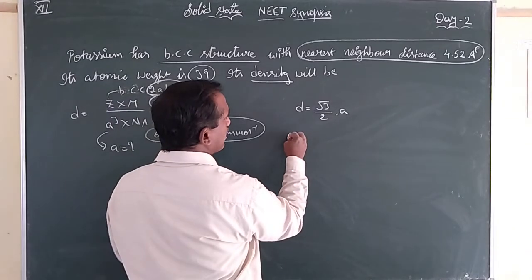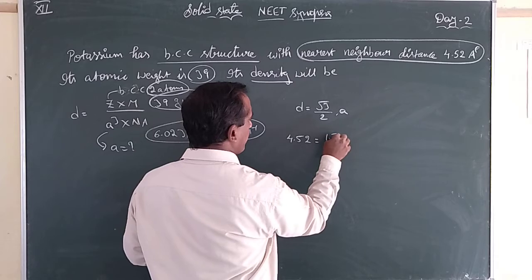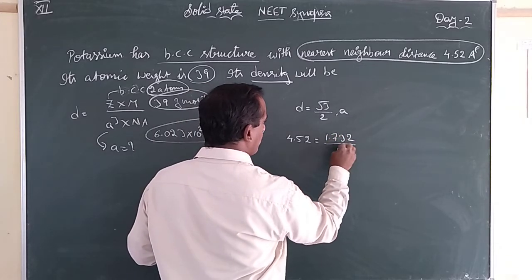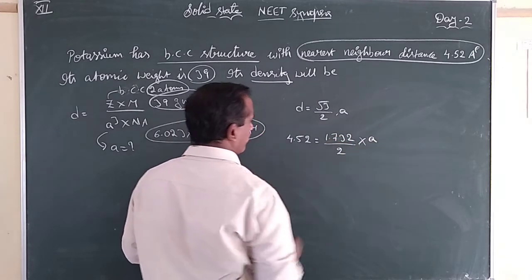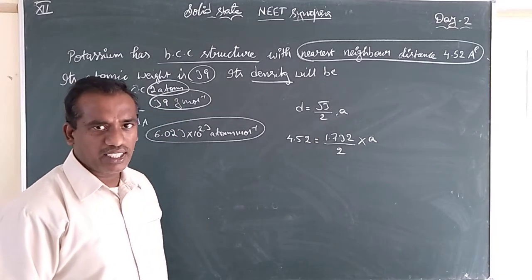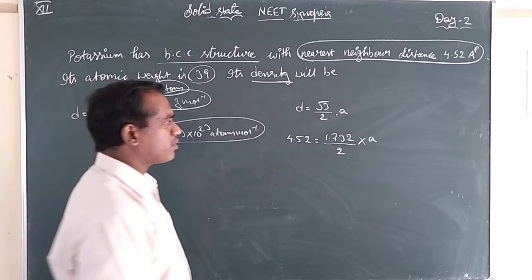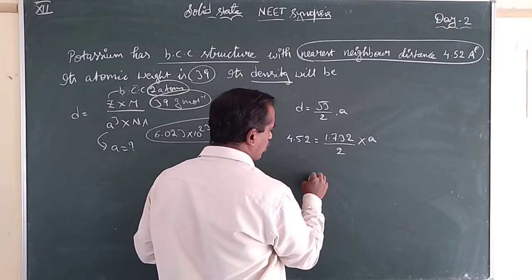See what distance they have given: 4.52 is equal to 1.732 upon 2 into a. So by this you extract the edge length, which is in angstrom. Some value you will be getting in angstrom.